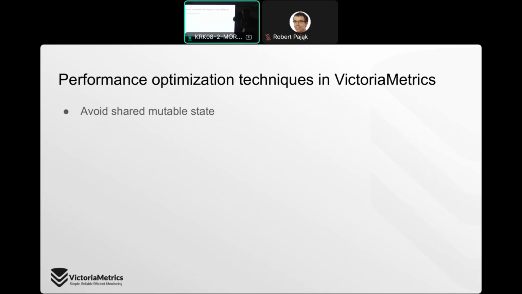What is this? Some memory allocation which can be updated and read simultaneously by multiple coroutines. Because this shared mutable state doesn't scale on systems with many CPU cores.